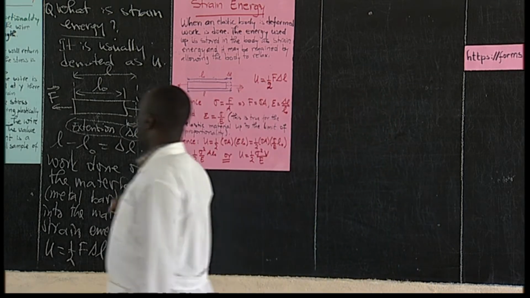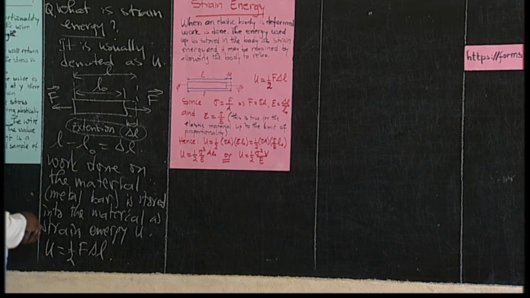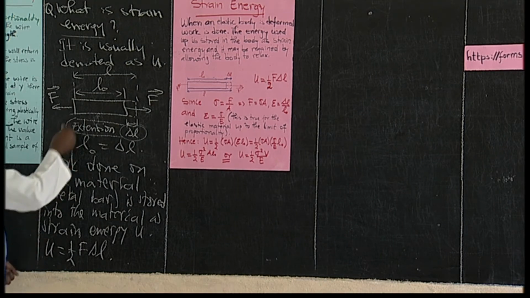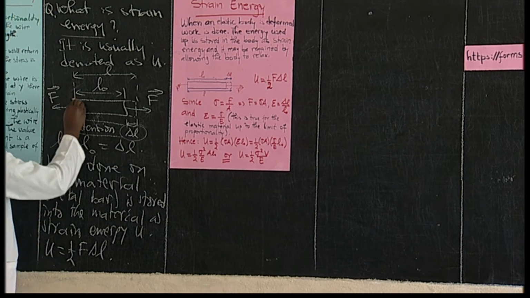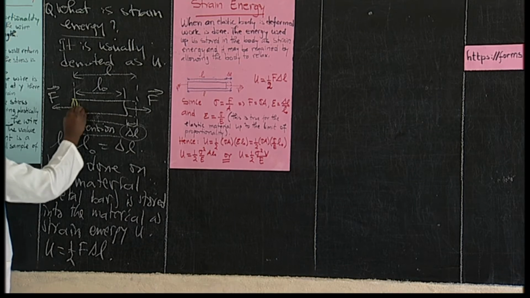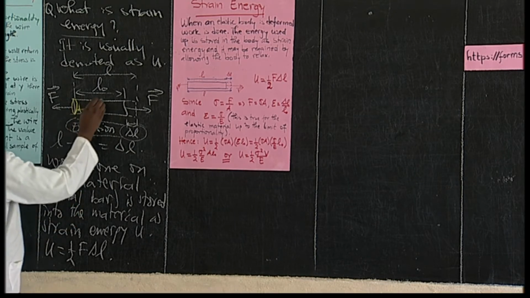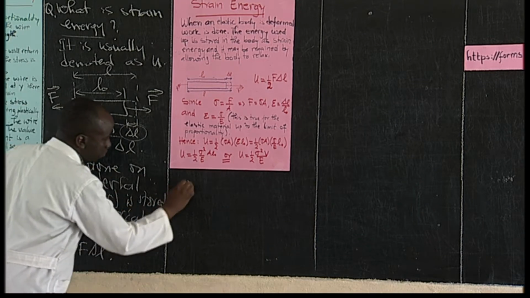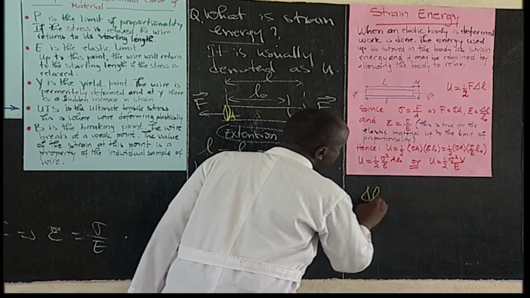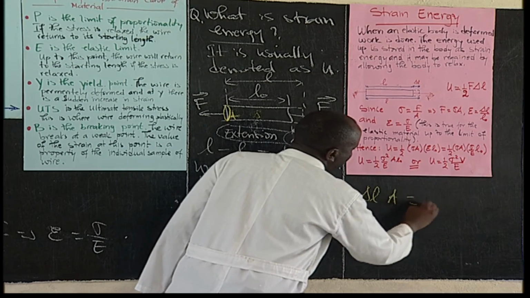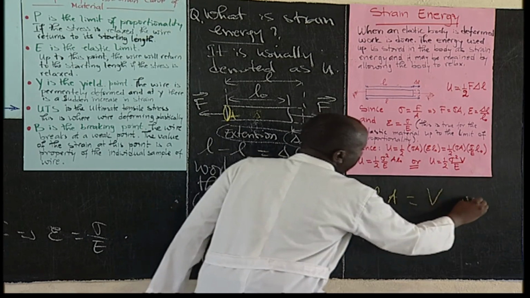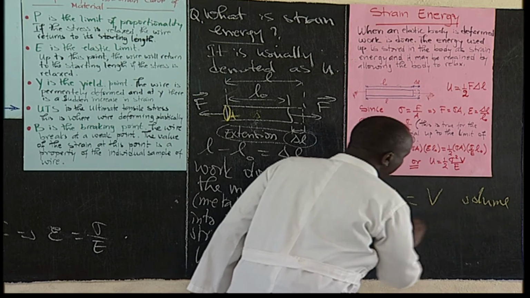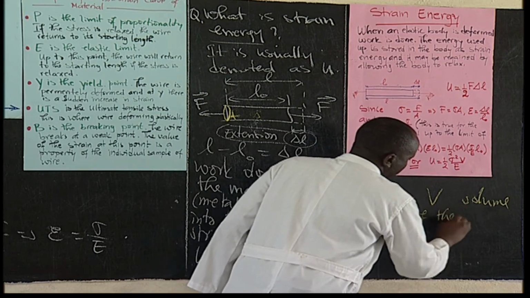This volume means that the sectional area is what we have here, and this is A. And then we find the change in L times sectional area giving the volume of the metal bar.